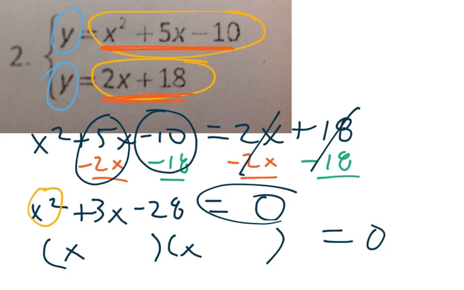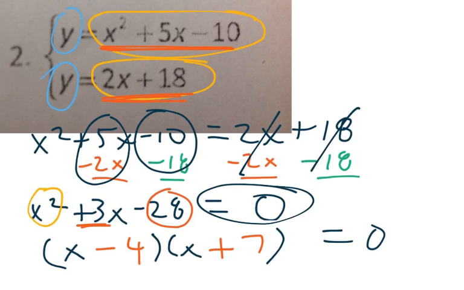Again, it equals 0 right there. And do you agree that 28 normally is 4 times 7? And a plus 3x would simply be a plus 7 minus 4, wouldn't it? And we have it factored.